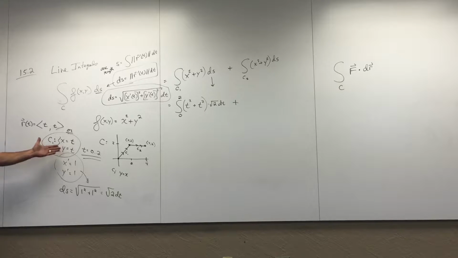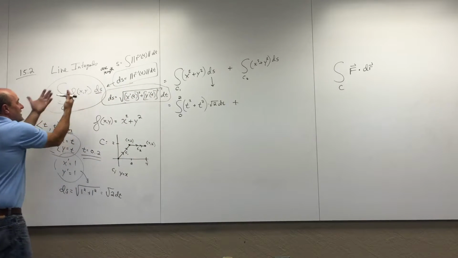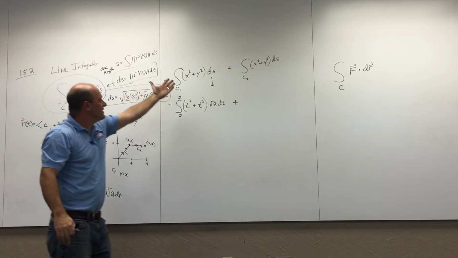The parametrization, the derivative of those parameters, the ds, the bounds. Then you change that whole thing, you just turn it all into t's. This whole problem got turned into t's.